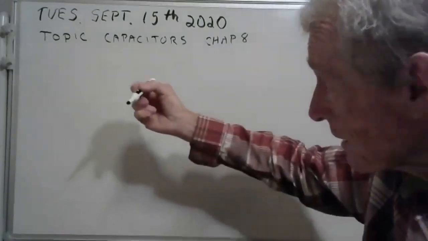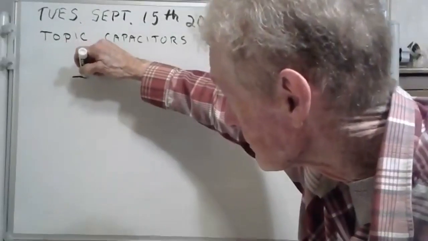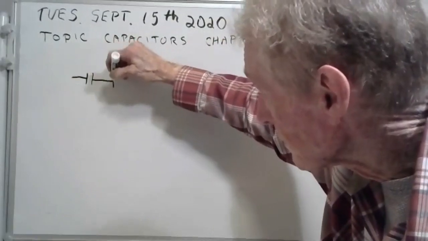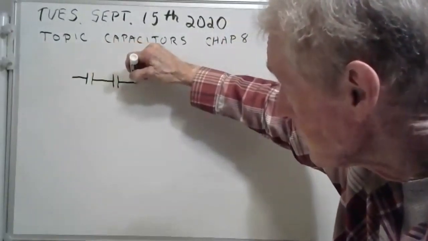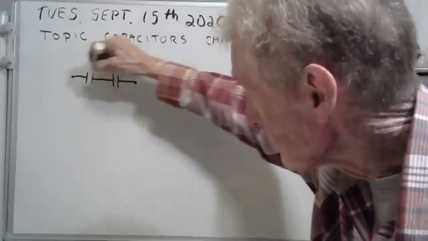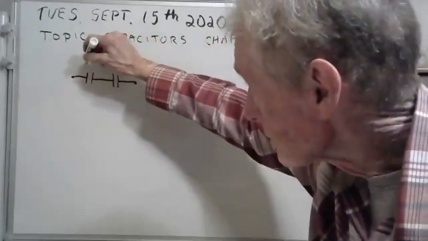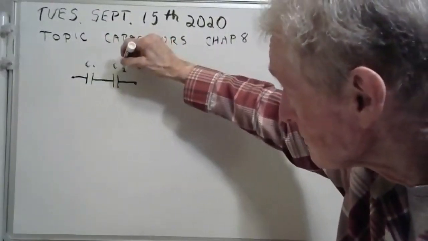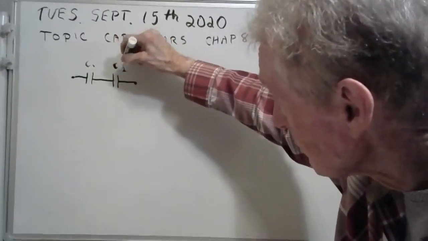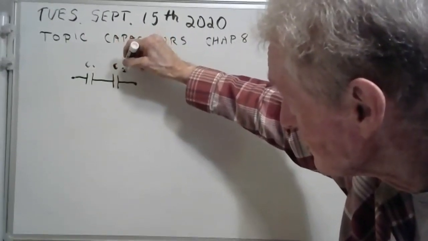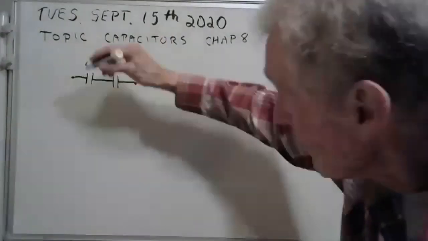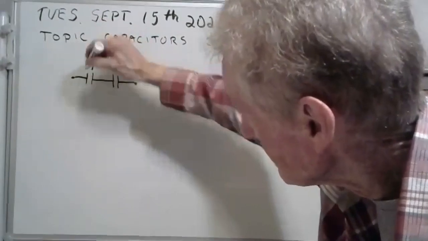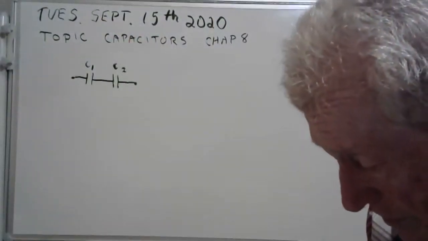Here we go. Now in series, here's a couple of capacitors in series. There we are. You could have more. You could have C1, C2, C3. Hope you can read my writing. That's supposed to be C1 there. Now there's something you need to know about.